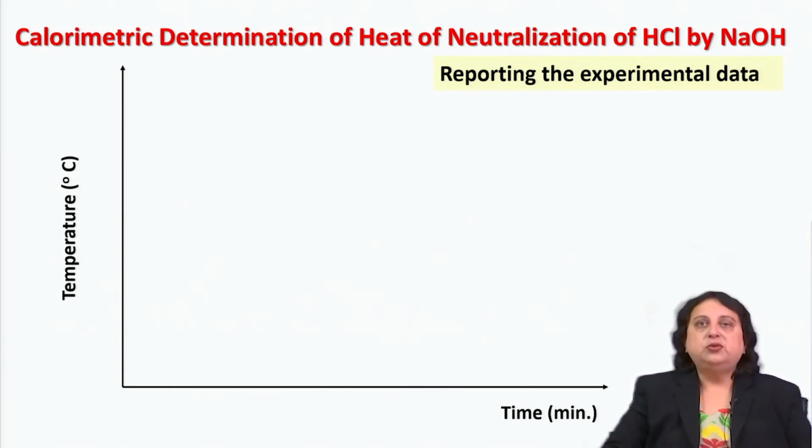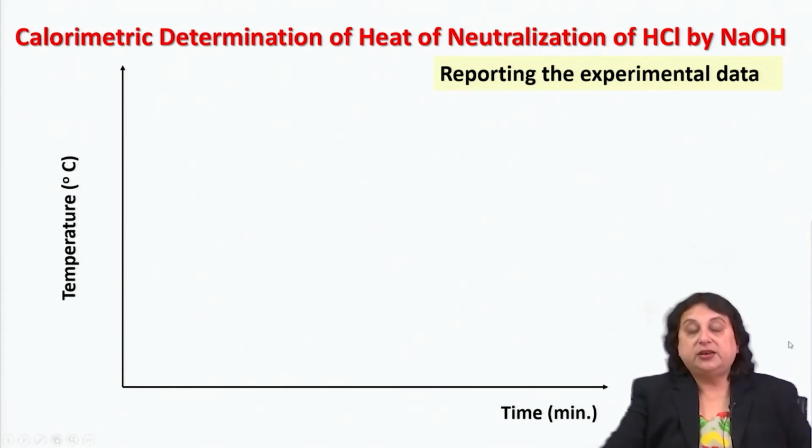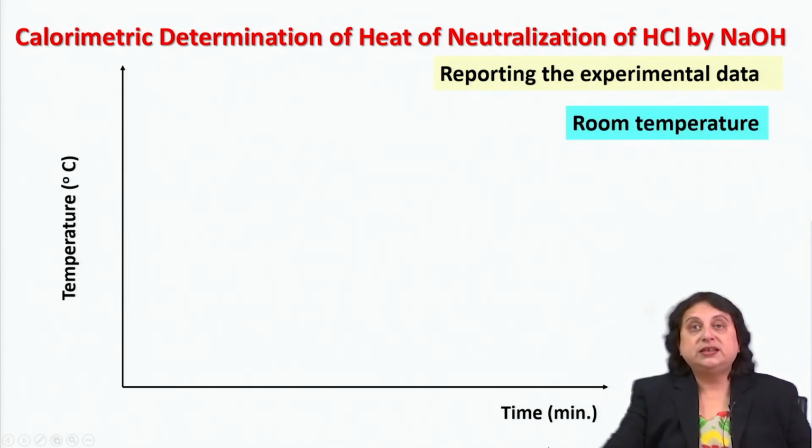The first thing you must note down is the room temperature, because whatever you are doing is pertinent to the room temperature, and then you start plotting your experimental values.